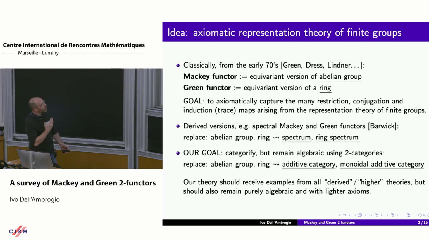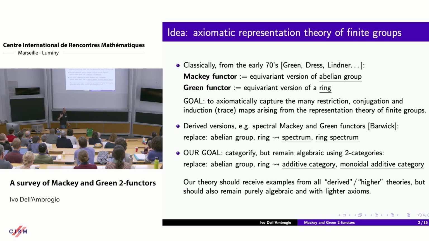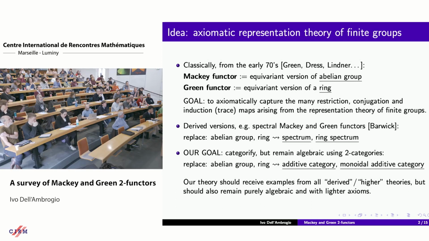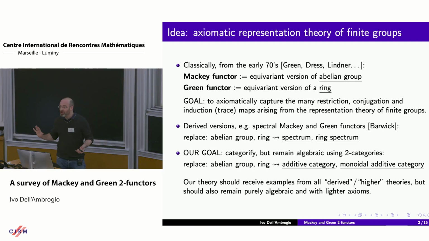And so the thing is, our theory should be easy. So it should receive examples from the fancier, higher categorical versions of this, but it should remain hands-on, algebraic, finitely many axioms, so no model structures, no choices of models and stuff like that.